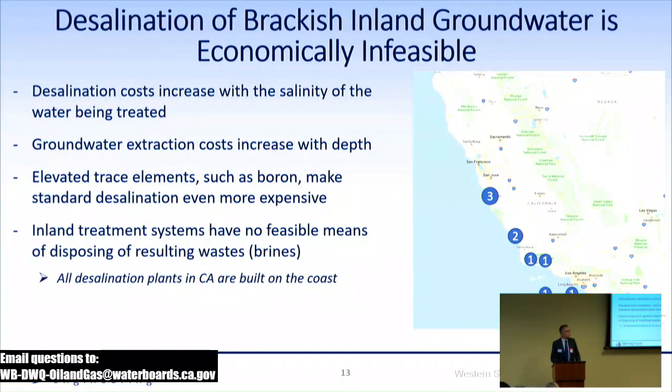Consequently, you will find that all desalination plants in California are built on the coast, and the reason for that is because they can dispose of their brine to the ocean. And the volume of brine generated would be enormous if it were treated in any case. But in the case of an inland desalination plant, there's really no place to put that brine.